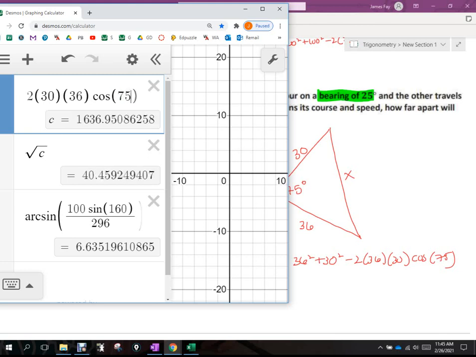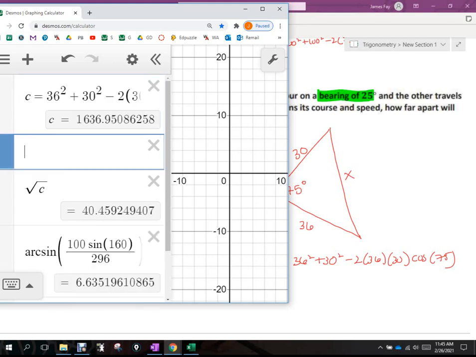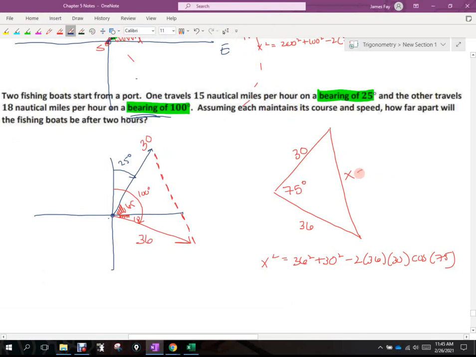So when you do that, okay, x squared, I call it c here, ends up being 1,636. Remember that's the distance squared, so you have to take the square root of it, and it gives you 40.45 nautical miles.